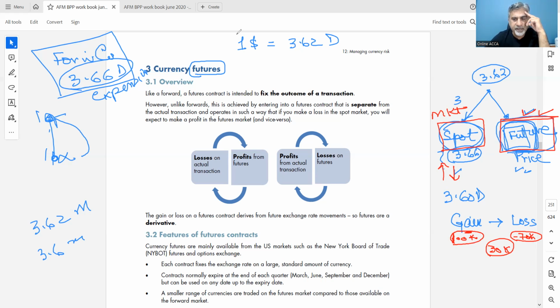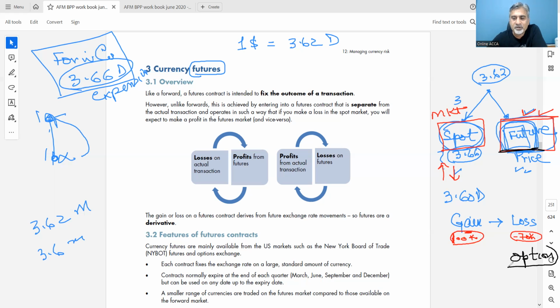Now, to avoid this feeling of regret, you say, can I just ignore this future contract and not execute it? Is there a possibility that I ignore this future contract? No, you cannot. Because it is a future contract which must be exercised. Yes, you did have an opportunity to sign up not for a future contract, but for an options contract.